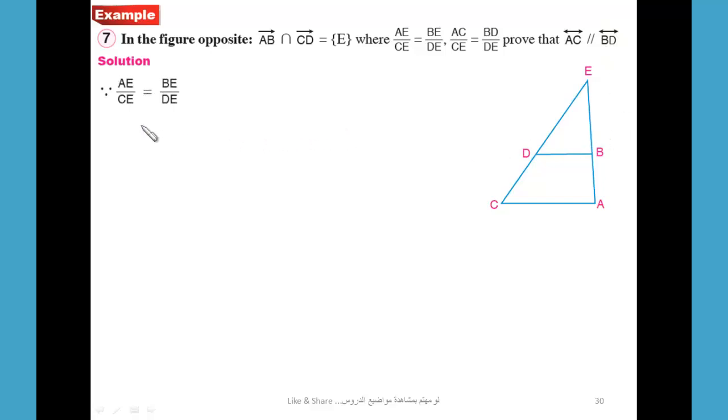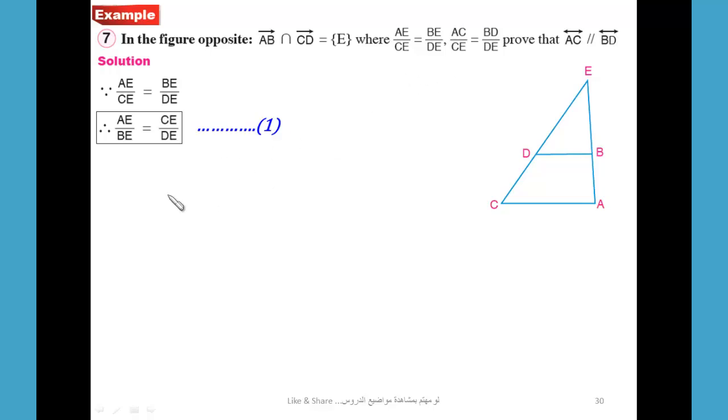Solution: since AE over CE equals BE over DE, from the given, we will use properties of proportion. We can say that AE over BE equals CE over DE. Again, antecedent over antecedent equals consequent over consequent. And this is number 1.